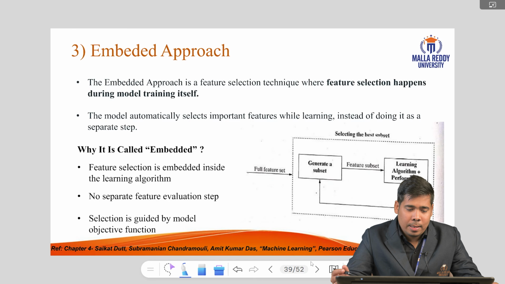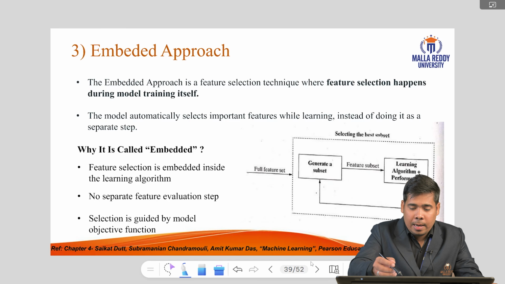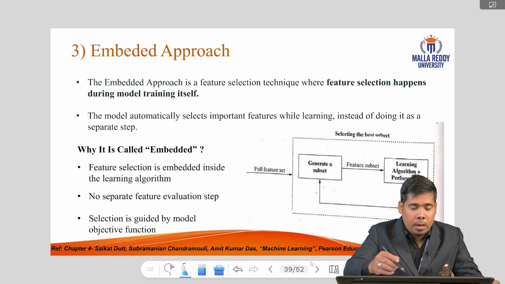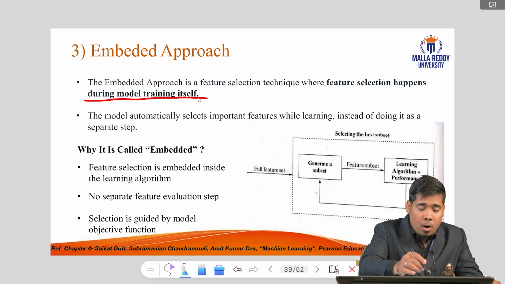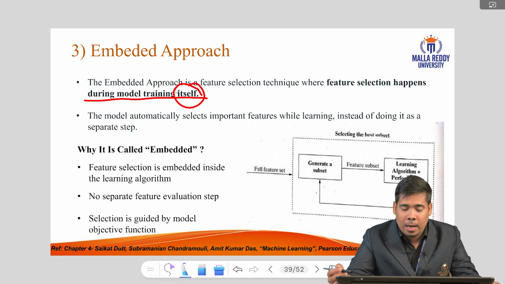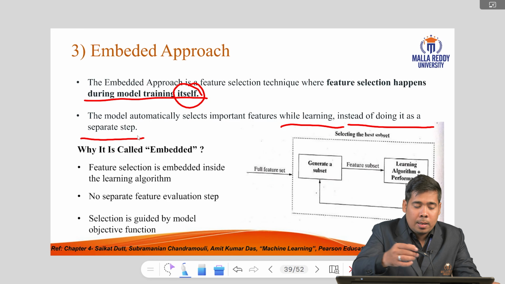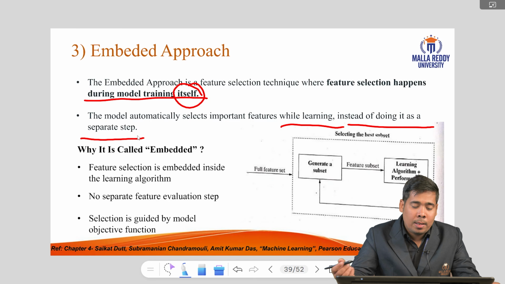Another technique is the embedded approach. In this approach, feature selection happens during the model training itself. So here the model automatically selects important features while learning instead of doing it as a separate step. Why is it called embedded?